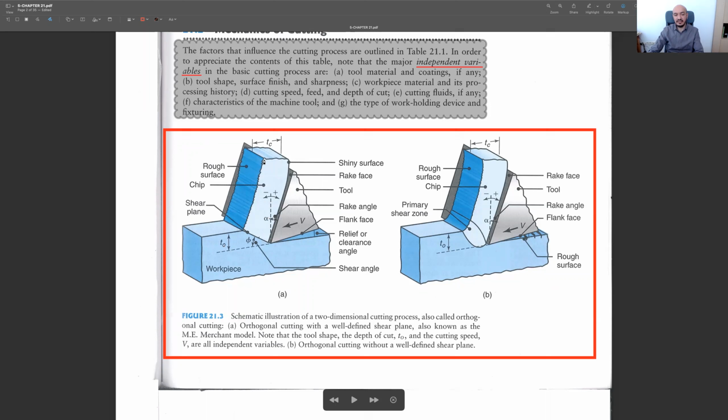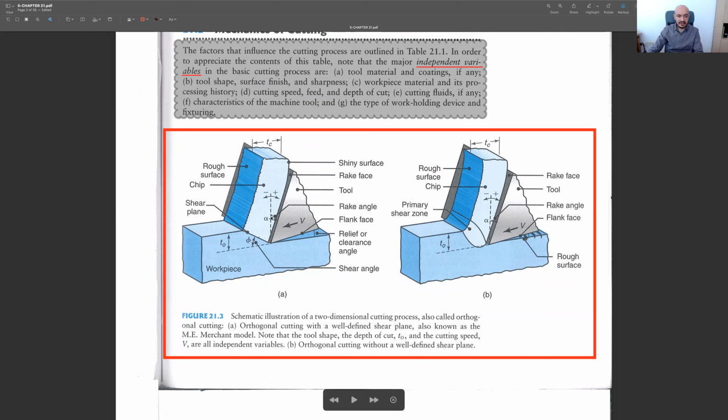The generated chip has a thickness larger than the undeformed chip thickness t0. Due to the deformation, we have rough surfaces on this side, but we have a shiny surface on the back side. Since we have friction, due to this friction, we have a smoother surface at the back side of this chip.